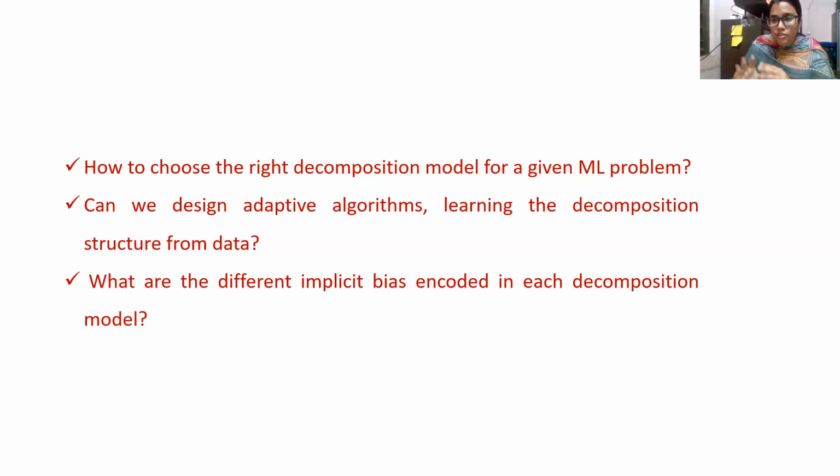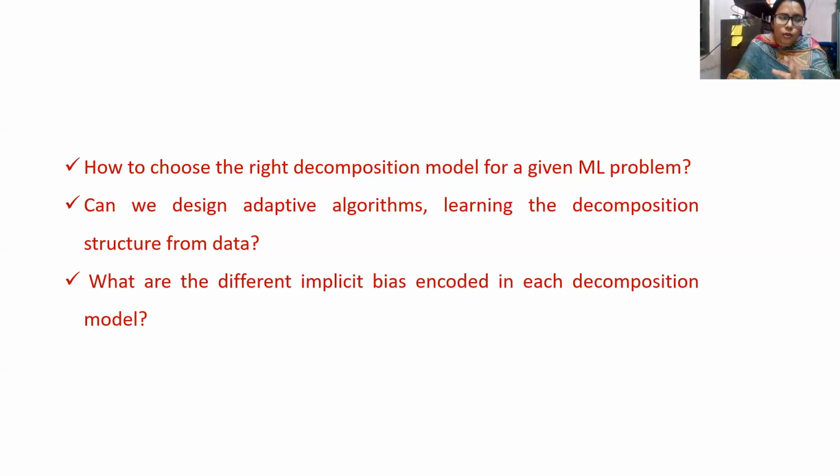Each and every individual should have equal priority. That's the main thing. So how could implicit bias be encoded in a decomposition model? Here are the three questions.